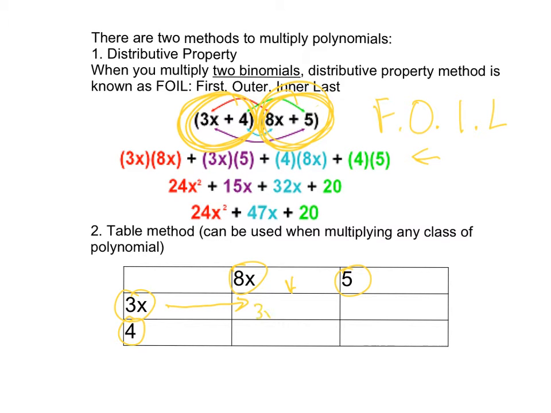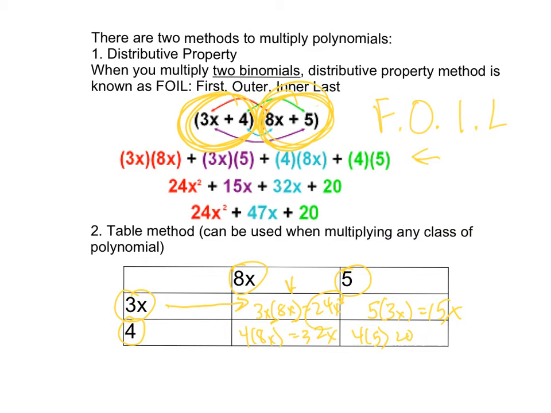So this is 3x times 8x, which is 24x squared. Remember, the bases are the same, so you add your exponents. Then this one is going to be 5 times 3x, which is 15x. Then this one's going to be 4 times 8x, which is 32x. Then this one's going to be 4 times 5, which is 20.